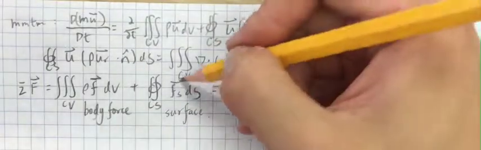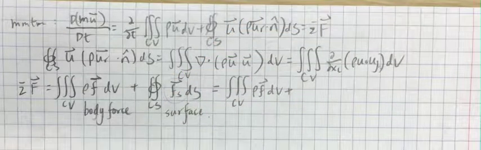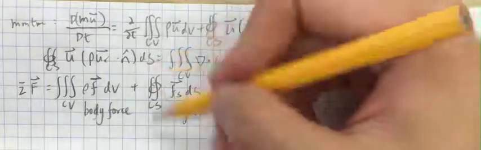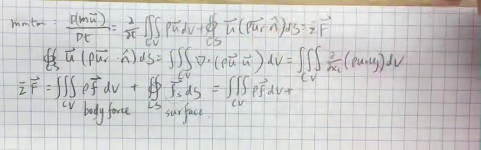But this thing, the surface force, we know how we can represent it, right? By the stress tensor, right? What are the stresses? The stresses are basically the surface forces acting on different sides of our fluid cube, right?